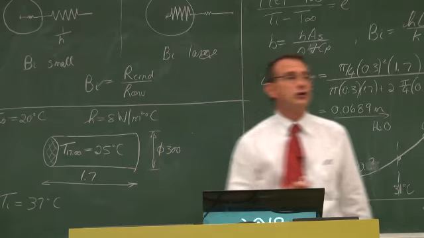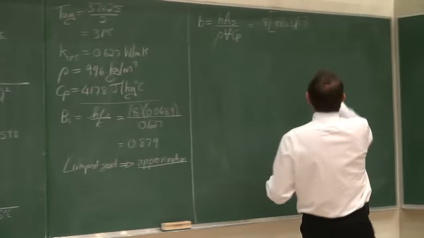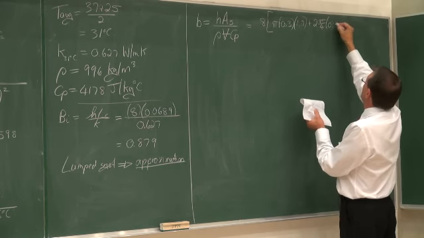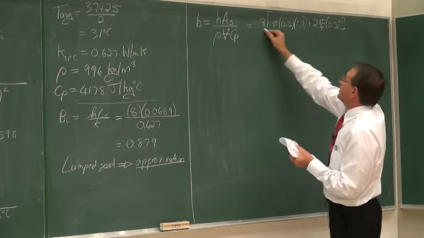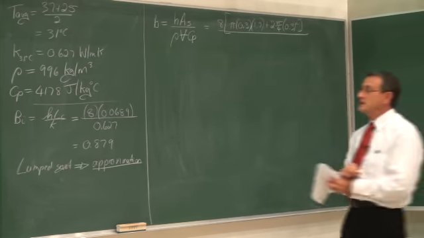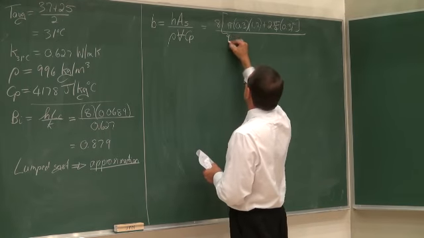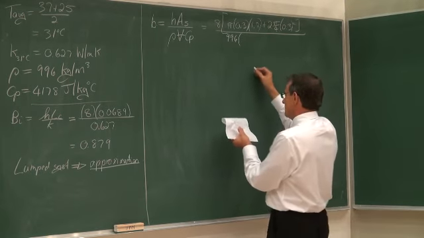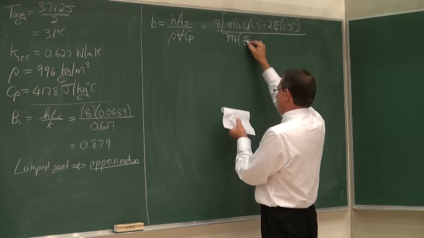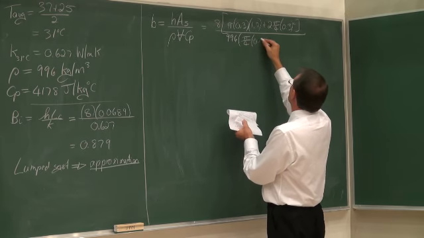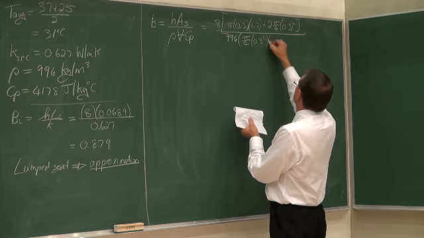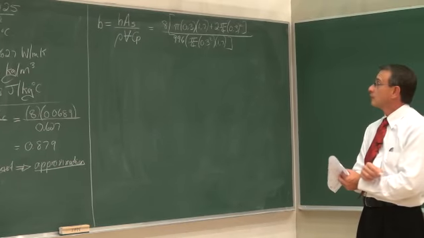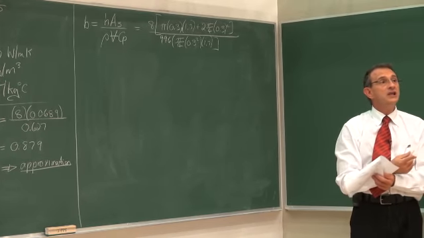And now we have to include the two surfaces at the ends, plus 2 times pi divided by 4 multiplied by 0.3 squared, divided by the density, which is equal to 996, multiplied by the volume. Volume is pi divided by 4, 0.3 squared multiplied by the length. That is the one way of doing it.